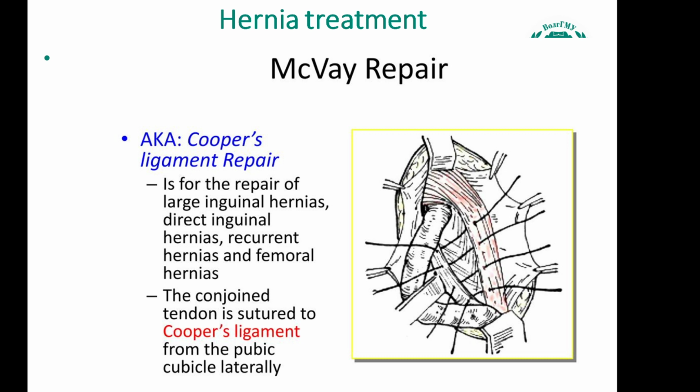The method by McVay is for the repair of large inguinal hernias, direct inguinal hernias, recurrent hernias, and femoral hernias. The conjoined tendon is sutured to the Cooper's ligament from the pubic tubercle laterally.